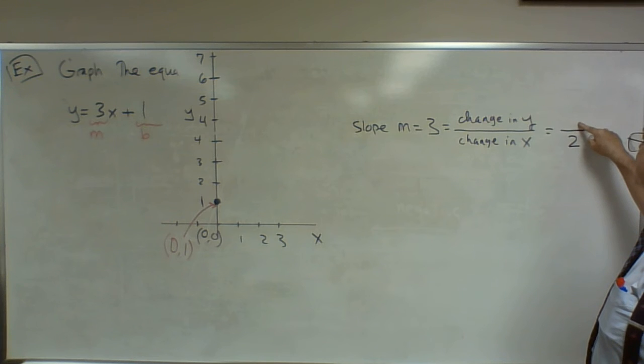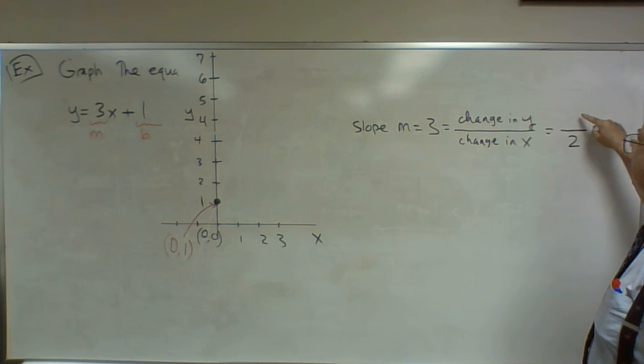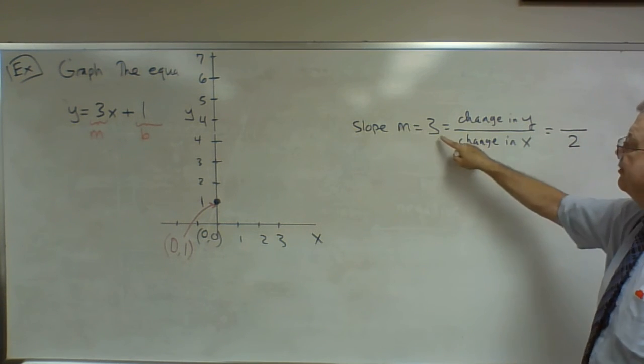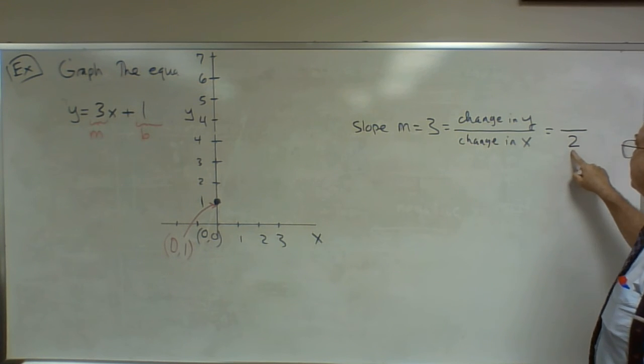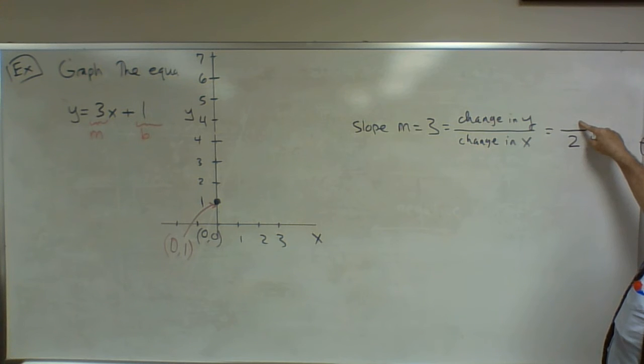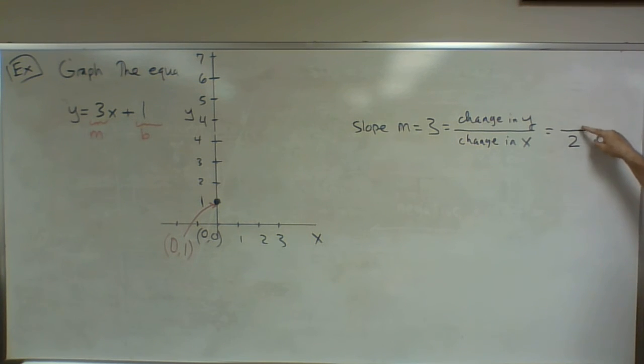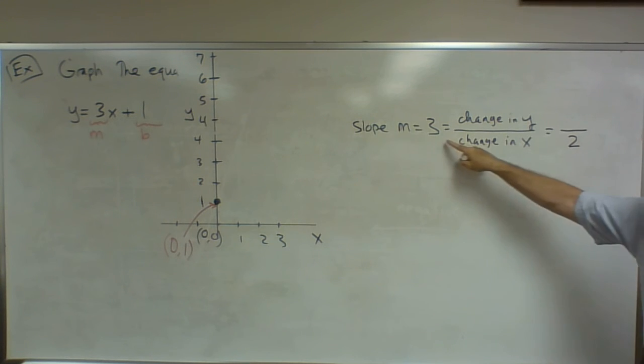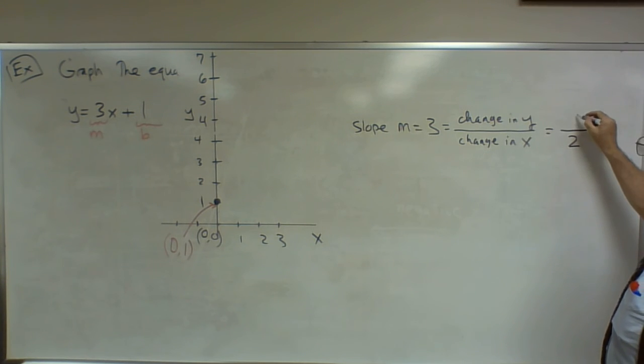And then whatever goes up here has to be such that this thing divided by that thing is 3. Let's say the change in x is 2. And whatever goes here for the change in y has to be such that the change in y divided by the change in x is 3. So what should that be?